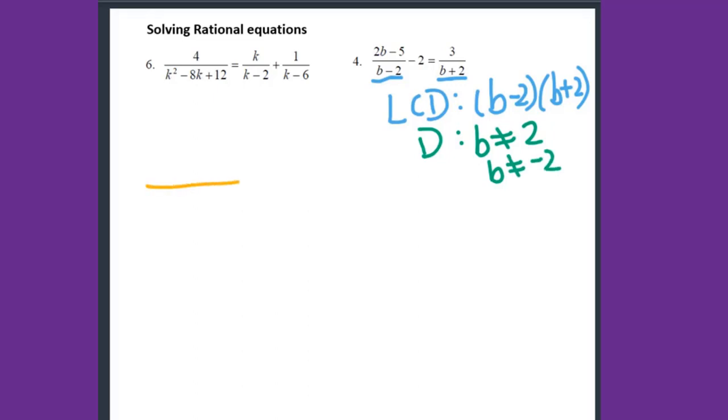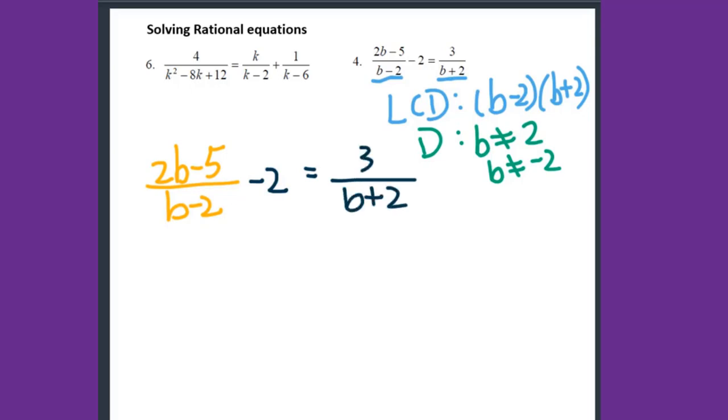Then let me rewrite this equation now. Each term you need to multiply by b minus 2 times b plus 2.